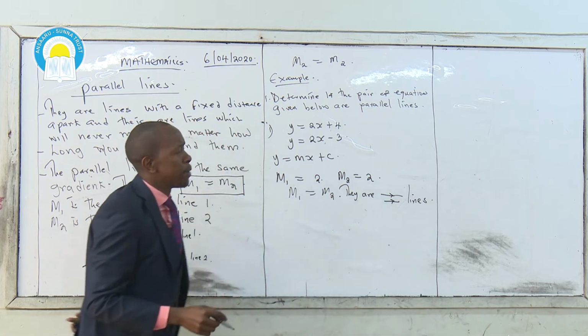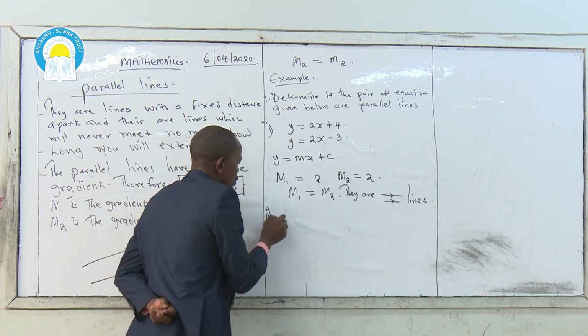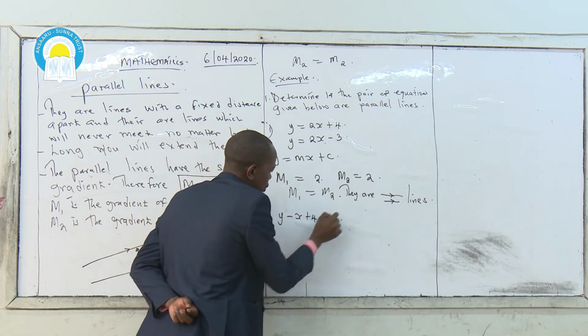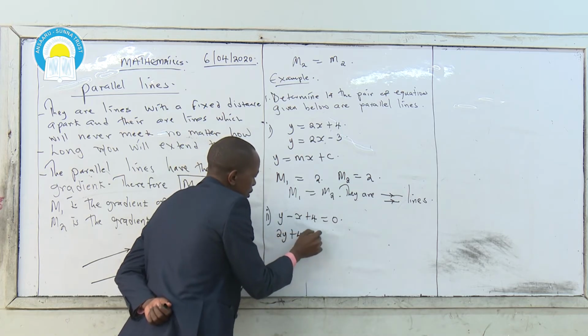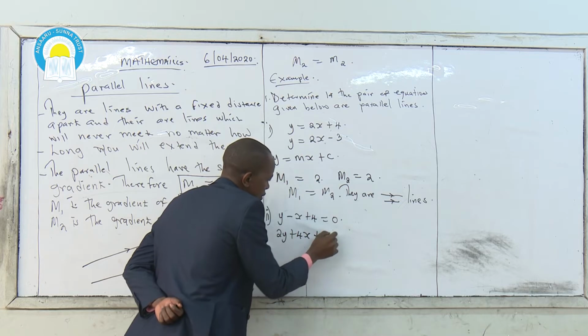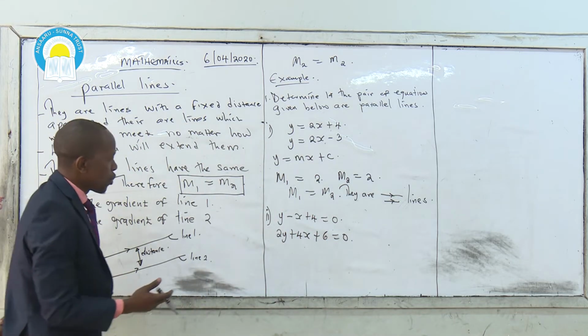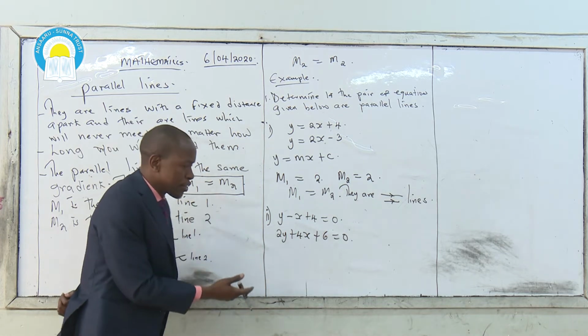Roman 2, we have y minus x plus 4 is equal to 0, and then 2y plus 4x plus 6 is equal to 0. Now, these equations are not in the form of y is equal to mx plus c.